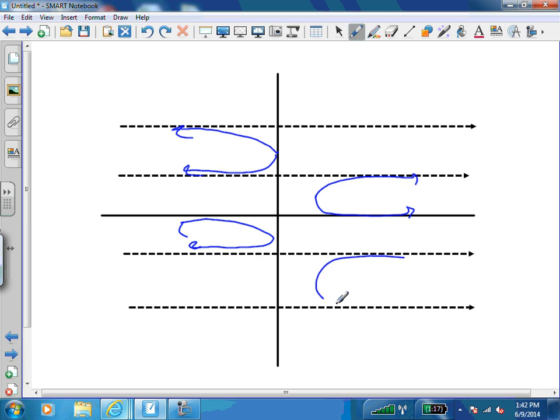So we'd have something similar to that. So if that's y equals arc cosecant x, the domain, which is our ratios, is going to go from negative infinity to negative 1, and then from 1 to positive infinity.